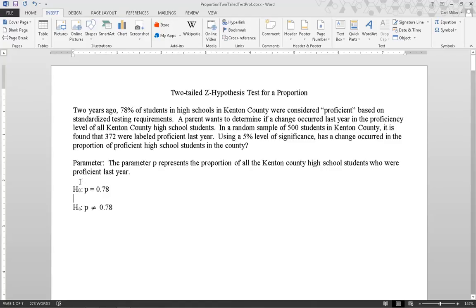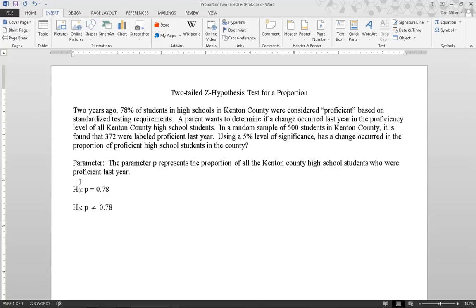The alternative hypothesis HA is that the parameter P is different than 0.78, or not equal to 0.78. Notice this might imply the value is smaller, or it might imply the value is larger. So values in either the left tail of the distribution or the right tail of the distribution suggest a change has occurred.